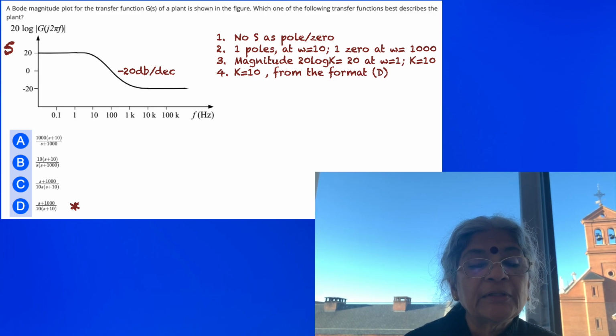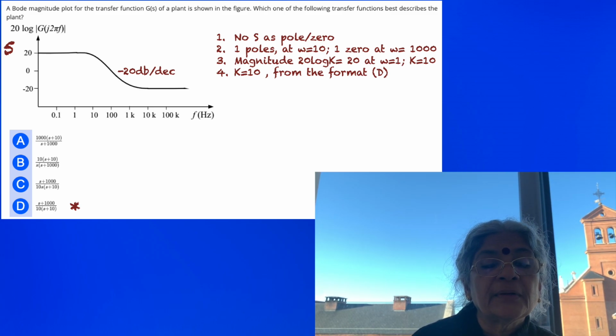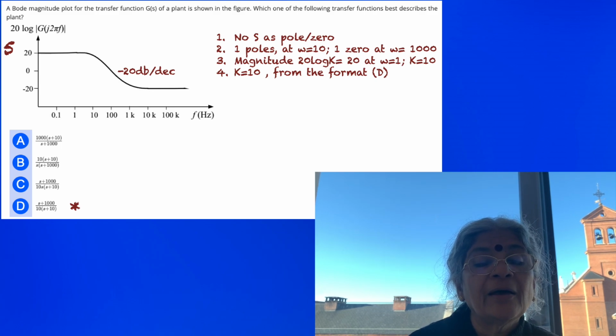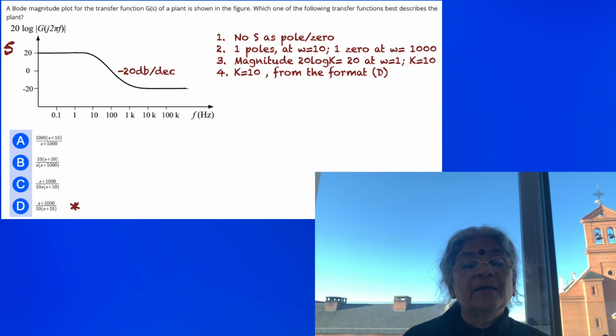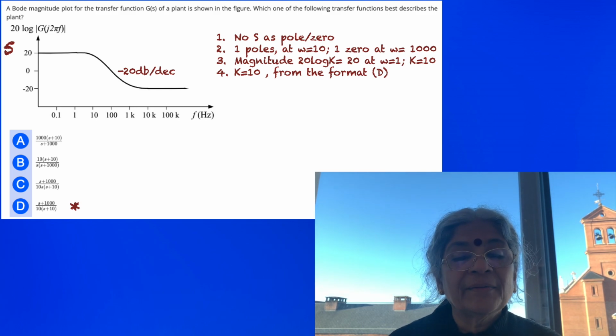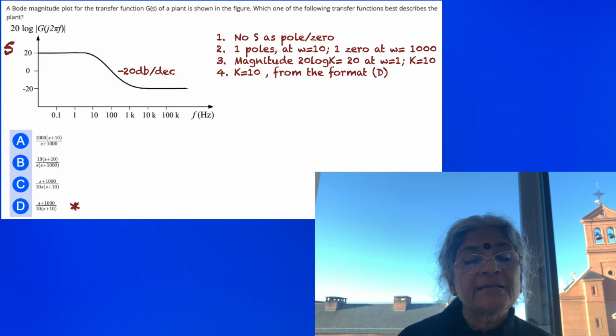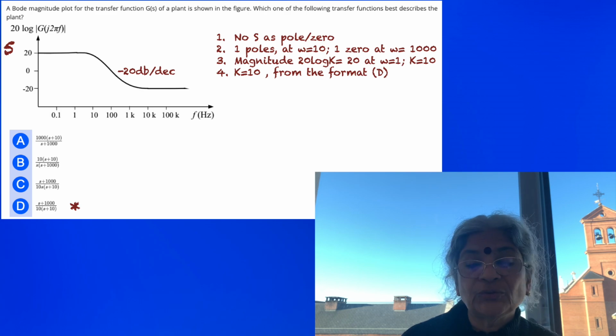On the other hand, let's take d. D tells us that if you take out 1000 from the numerator, and then if you take out 10 there, so 1000 by 100 you get k equal to 10, which should be the value, and k equal to 10 is happening also in option D. So we go for option D.